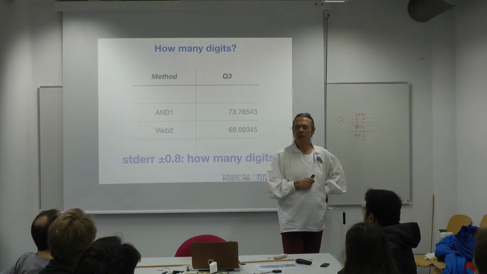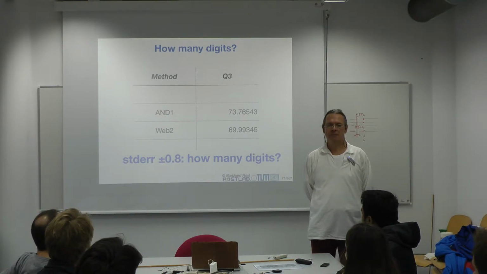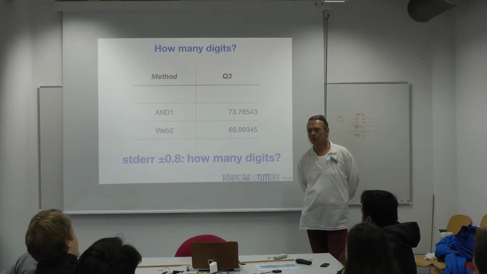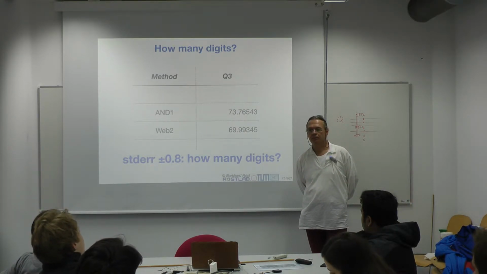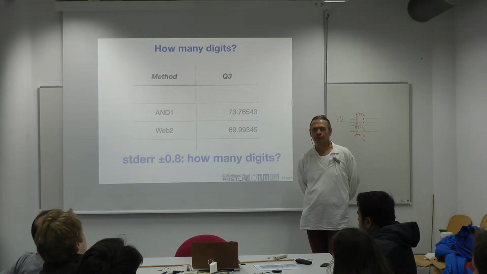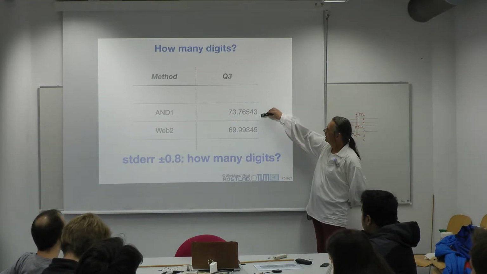So how many digits can I show? How many digits are supported by the standard error? Okay, let's begin.